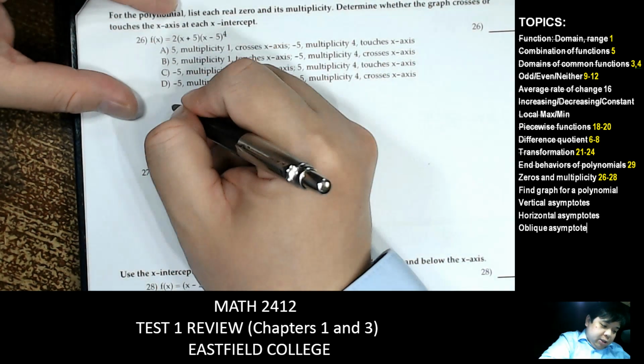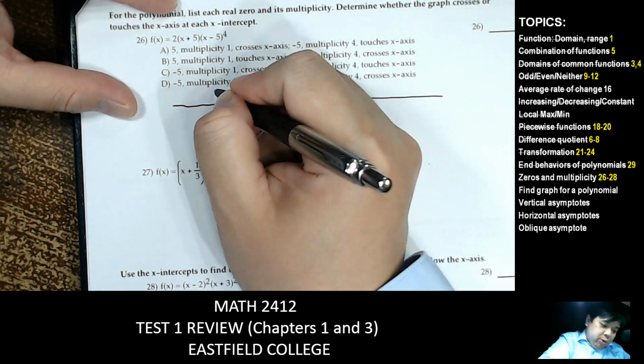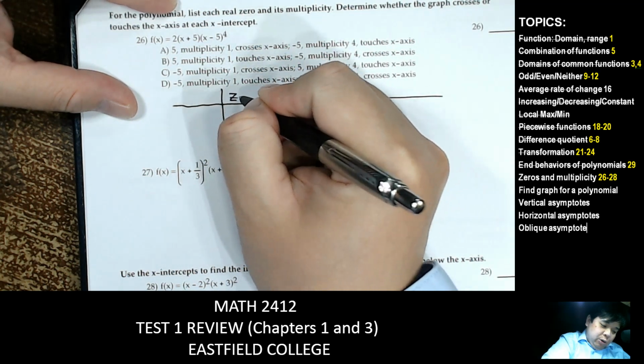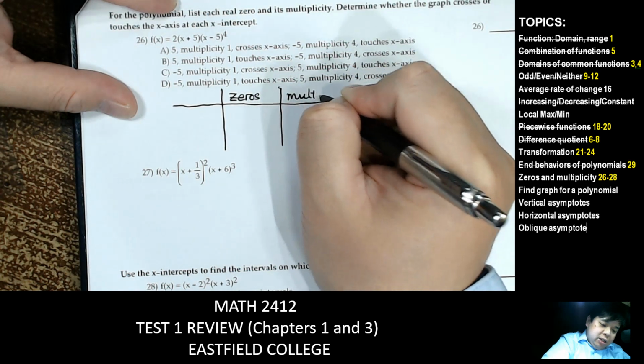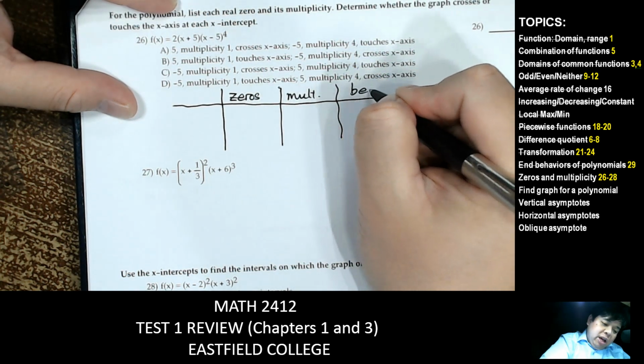Right. So just draw a little table here. We'll have zeros, multiplicity, and then there will be behaviors.